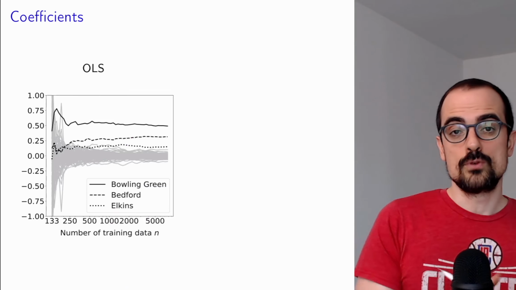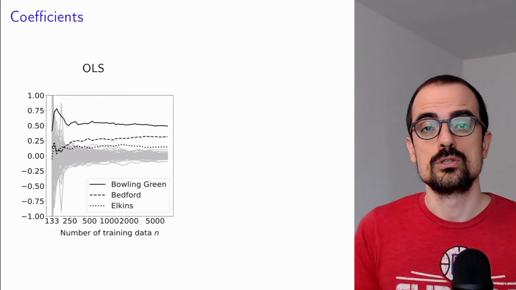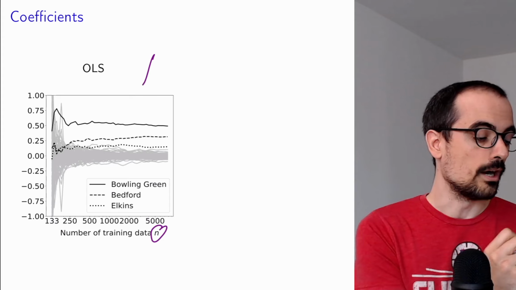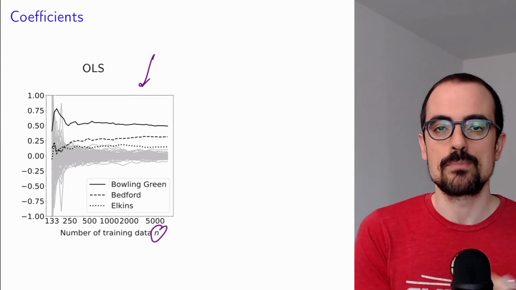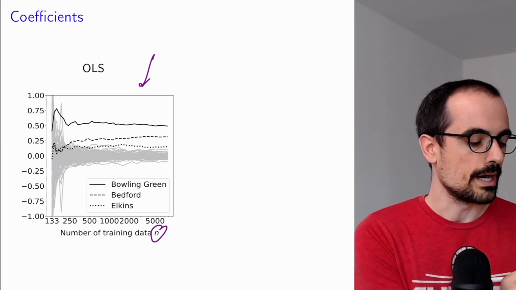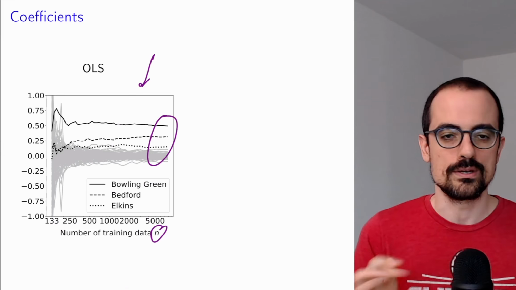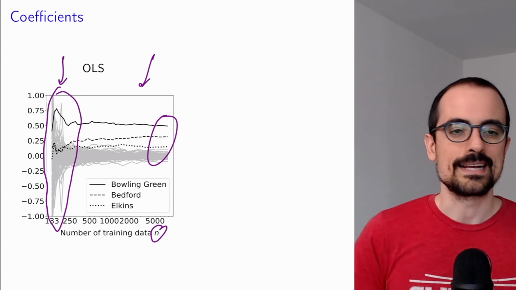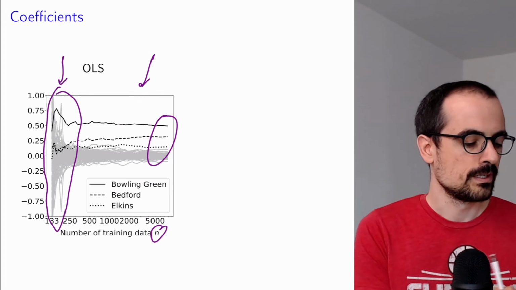So finally, if we do this for all the values of n, these are the OLS coefficients. This is just the same plot that we saw earlier, where when we have a lot of data, we're doing very well. When we don't have a lot of data, boom, the coefficients go bananas and we overfit.